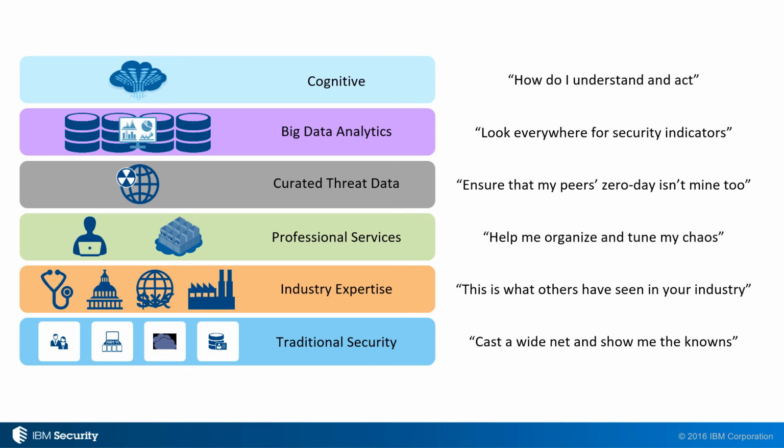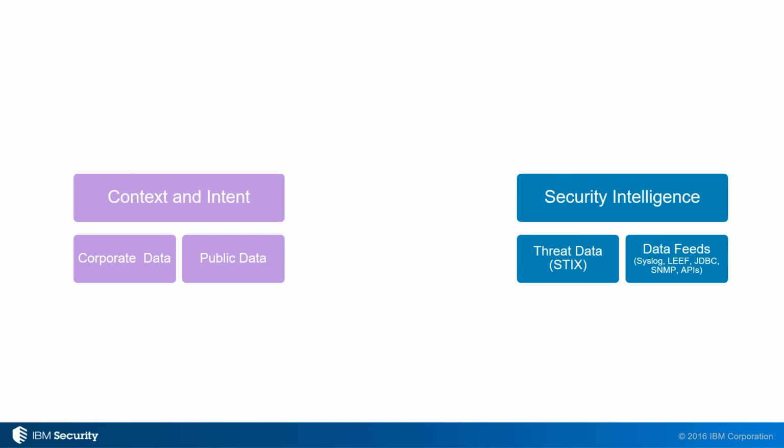And this is really the thought process and the methodology. Now, the way we do this is really with three separate areas that all lead into one thing. So we talked about cognitive the whole time, and this is really about context and intent. But there's also an element of security intelligence that has to get incorporated into the broader scheme, because that gives you the indicators from a physical and information analytics standpoint.